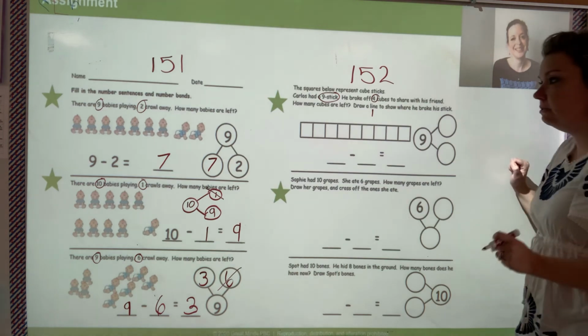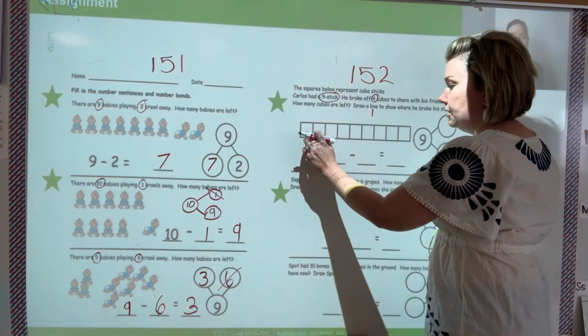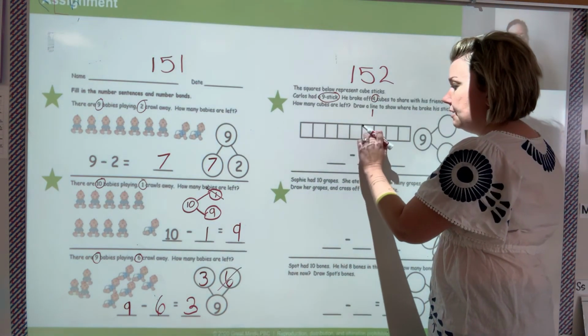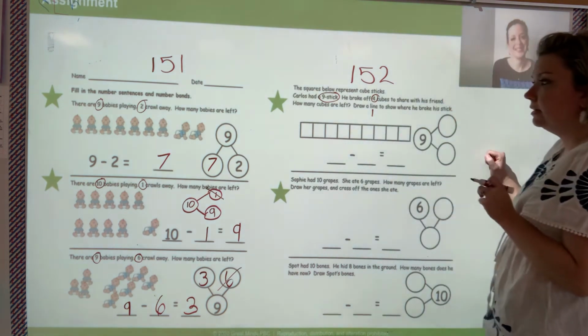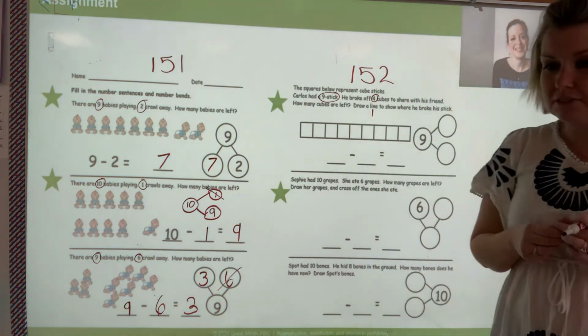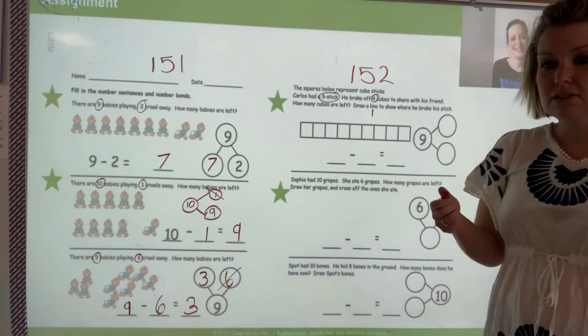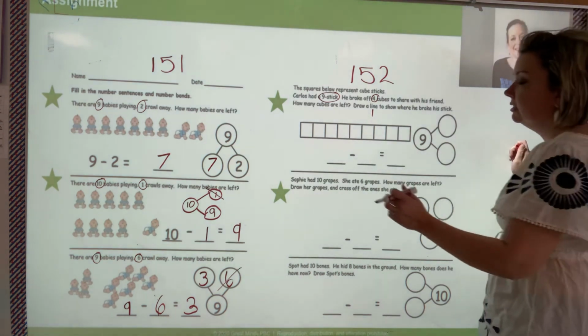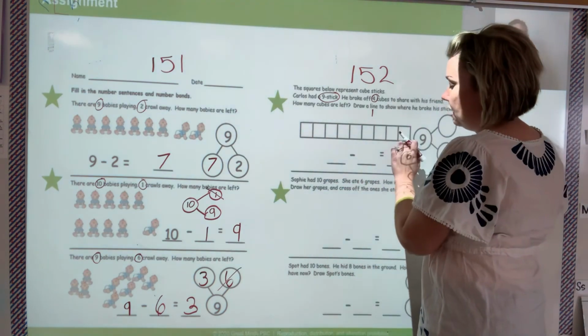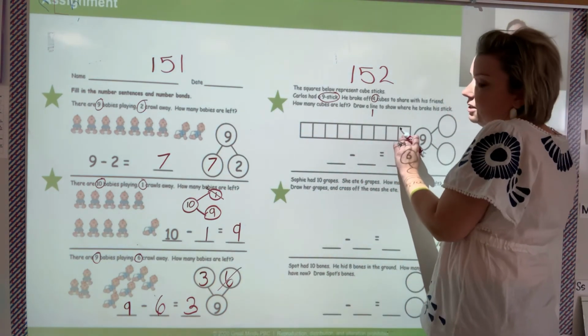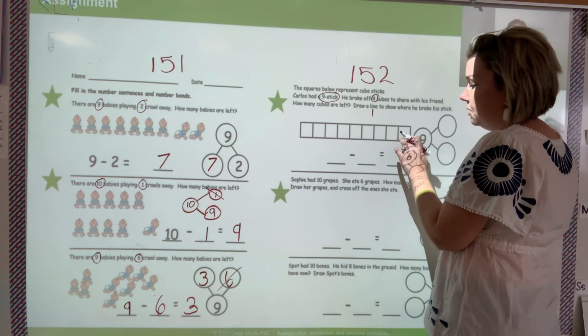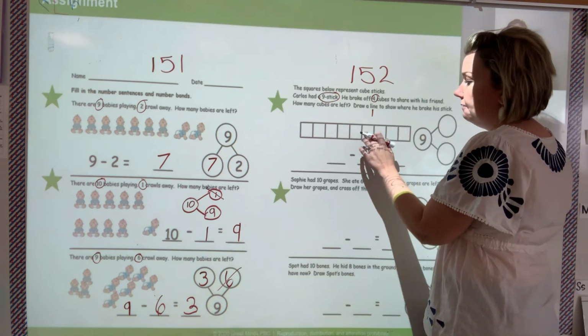So I'm going to count. Here's a 9 stick. 1, 2, 3, 4, 5, 6, 7, 8, 9. How many did he break off? Show me with your fingers. Good. 4. So I'm going to break off 4. I'm going to start at the end, but you could break off at the beginning if you wanted. 1, 2, 3, 4.